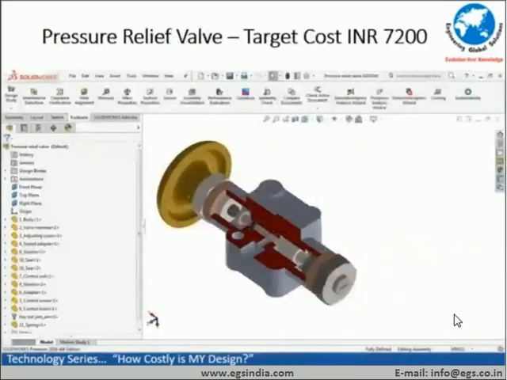Marketing has given a target cost of 7,200 rupees. As shown in this picture, which is a CAD model of this unit, you would be able to see the components which are going into the assembly.